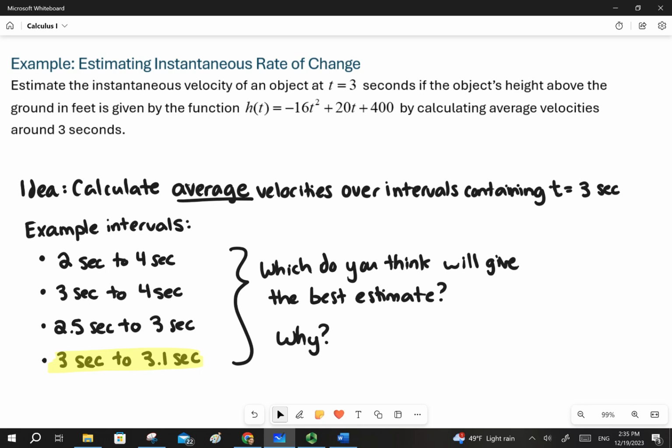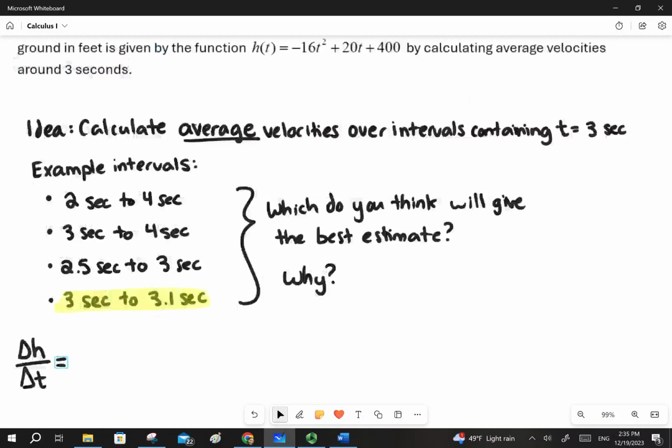Let's go ahead and calculate that average velocity. The change in height over the change in time will be the height at 3.1 seconds minus the height at 3 seconds, divided by 3.1 seconds minus 3 seconds.